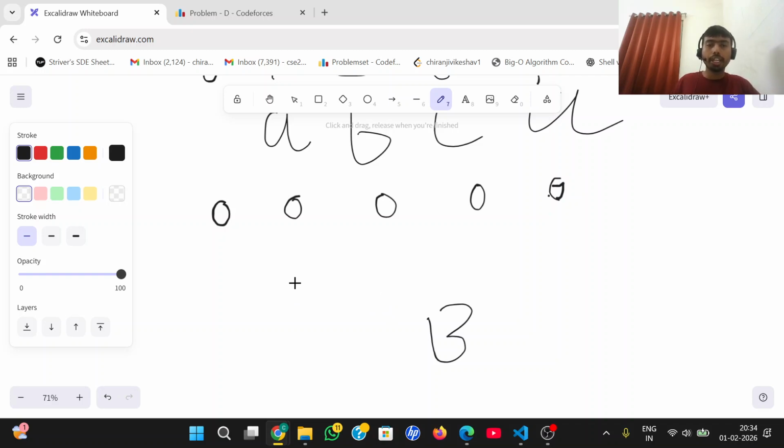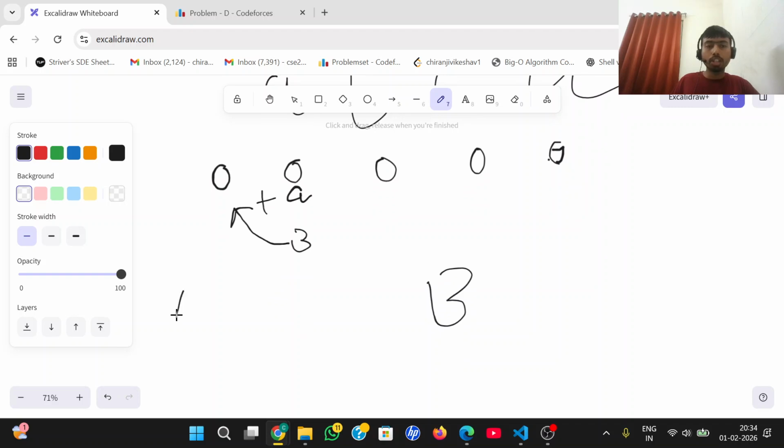So what we do, we take the base, we multiply it by the previous hash value and add the value of that character. What is the value of that character? You can take either the ASCII value, or you can represent characters like A as 0, B as 1, C as 2.